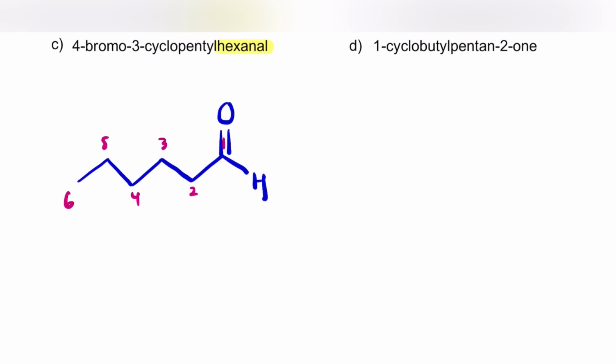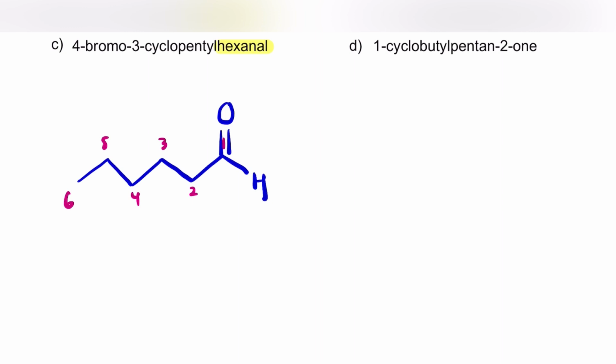Next one, we have hexanal as our parent. So hexanal is 6 carbon atoms. For the aldehyde, I'm going to draw 6 of them, and I give the numbering 1, 2, 3, 4, 5, and 6. At the first carbon, always the carbonyl carbon. If you want to draw the hydrogen attached to it, it doesn't matter.